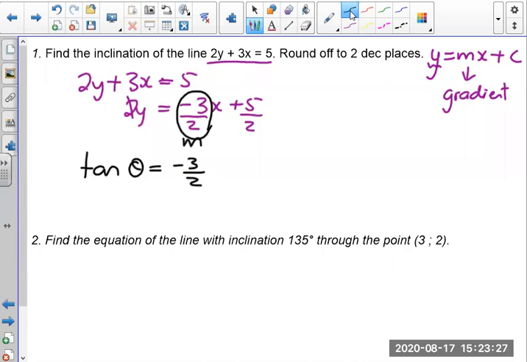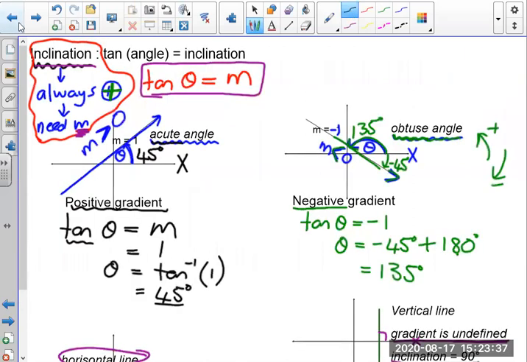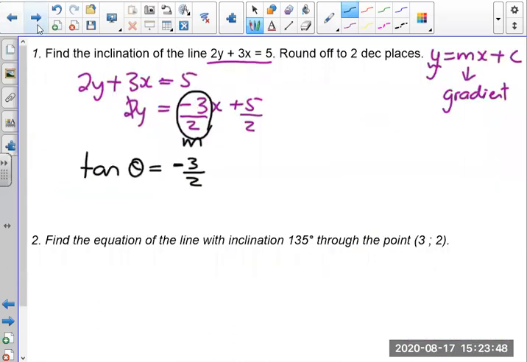And to get rid of tan, I say shift tan. Now can you see that's a negative gradient, and we said with a negative gradient, your calculator is going to give you a negative answer, and then you have to add 180. Let's see if it works like that.